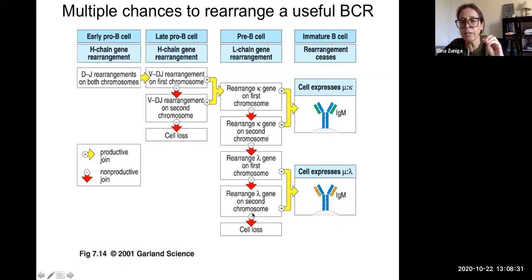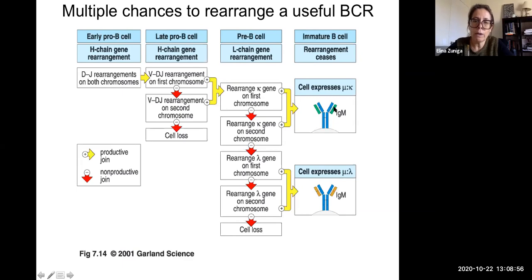It will inhibit any other rearrangement in any other locus of light chain or any other chromosome, and will proliferate and differentiate into an immature B cell that will express the immunoglobulin M on its surface with the kappa.